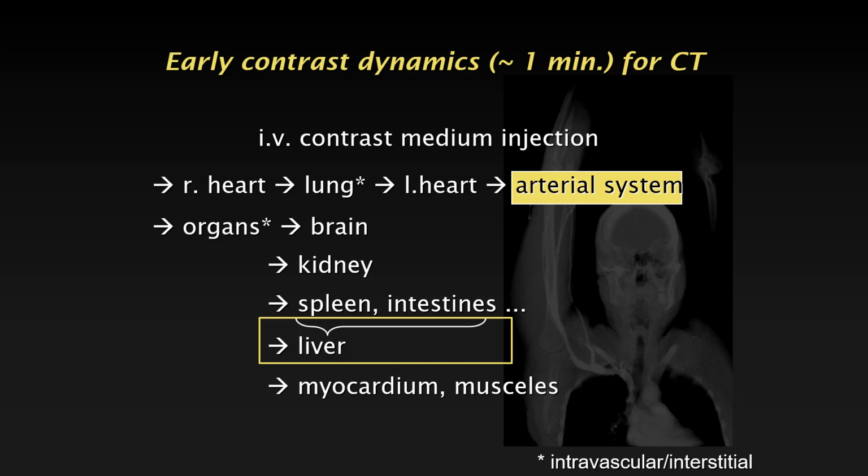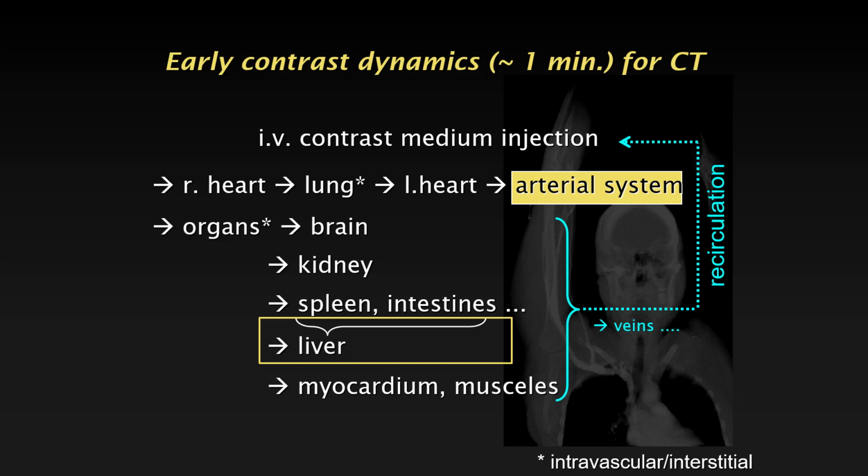It will go into all the other organs, for example, into the spleen, intestines, and from there into the liver. And then ultimately the contrast will come back to the venous system and then recirculate. So the contrast that you inject and you see on the arterial side will ultimately come back until it's distributed everywhere and then excreted by the kidney.